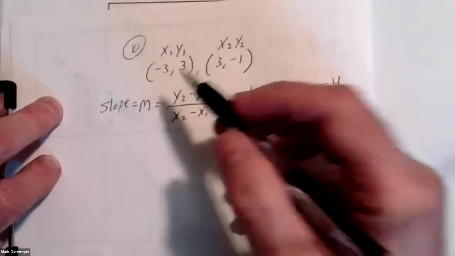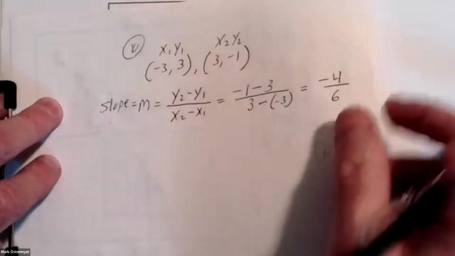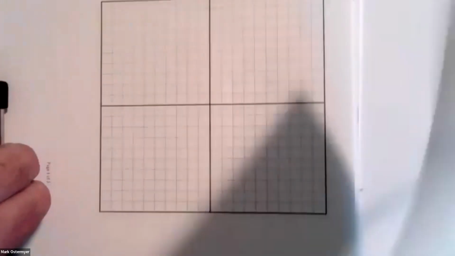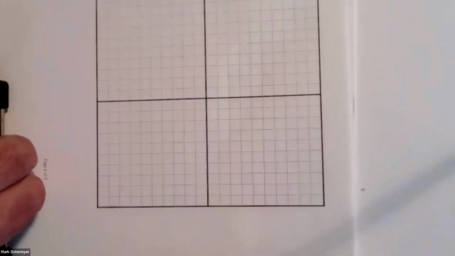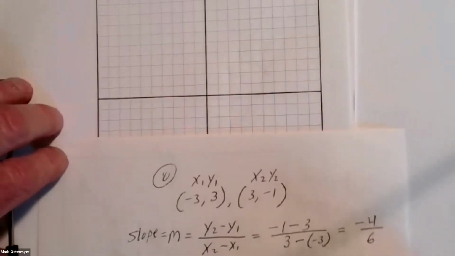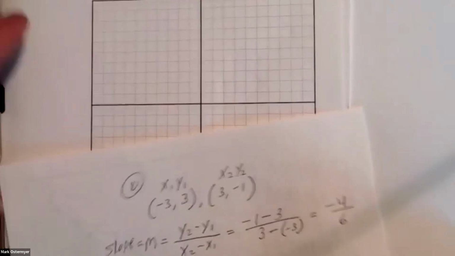All right, let's see if we can plot these points and get a visual on this and convince ourselves that we do have a slope of -4 over 6. So we plot these 2 points in the XY plane here.